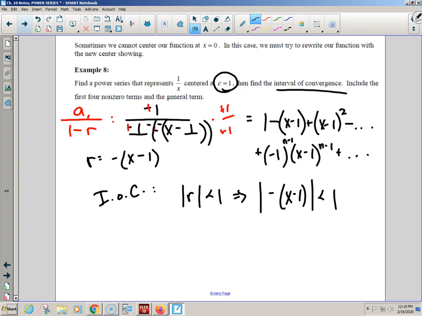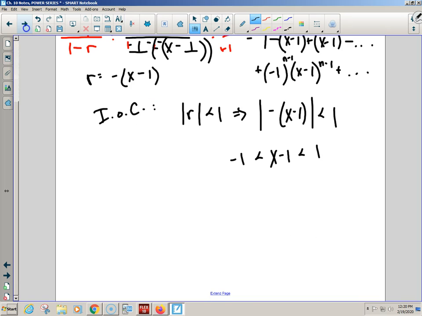But a negative number with an absolute value changes into a positive, right? Or an opposite, I should say. So that negative 1 can turn into a positive. So I have x minus 1 being in between negative 1 and 1. So then if I add to both sides, because I could split it apart and do it separately, but if I add, I would be adding the 1 to both, so what did I get?